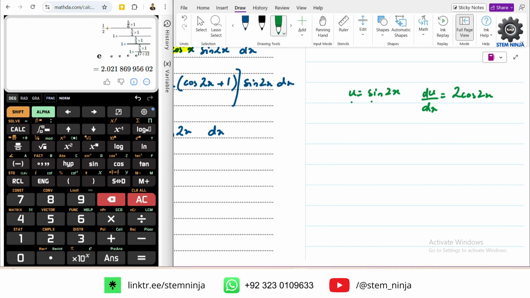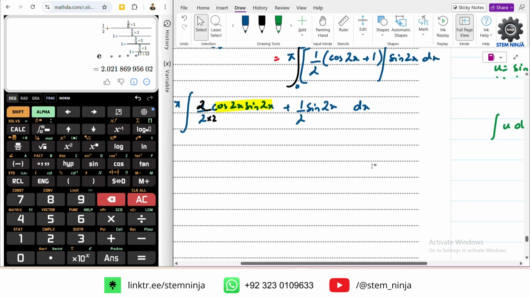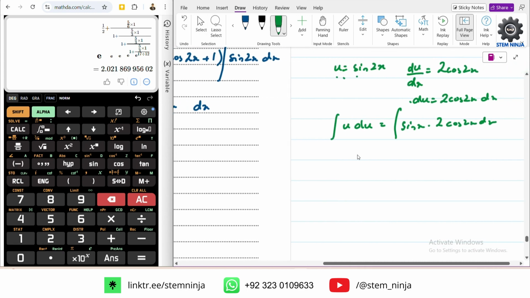So when you're integrating, du becomes 2 cos 2x dx. So basically you have u du as this thing, 2 cos 2x dx.